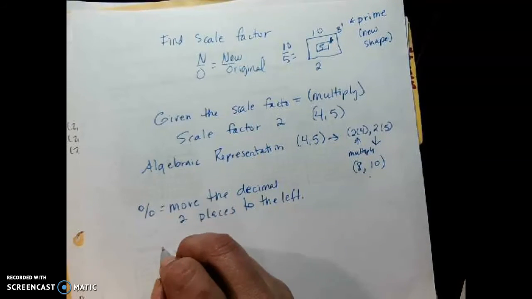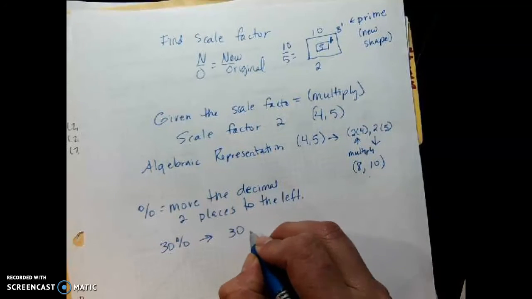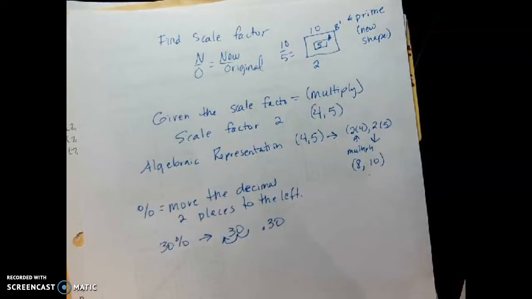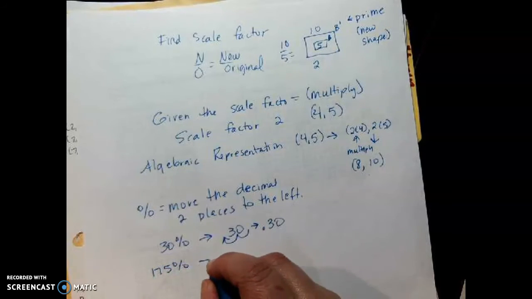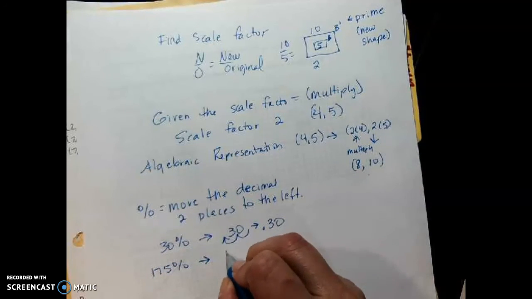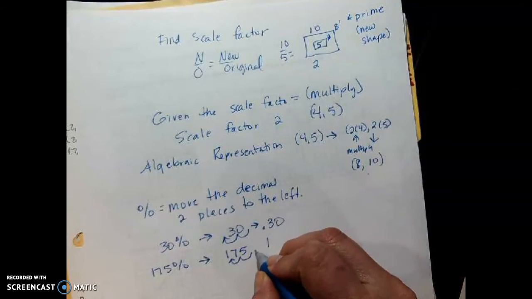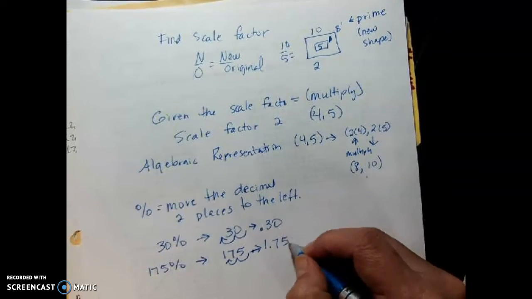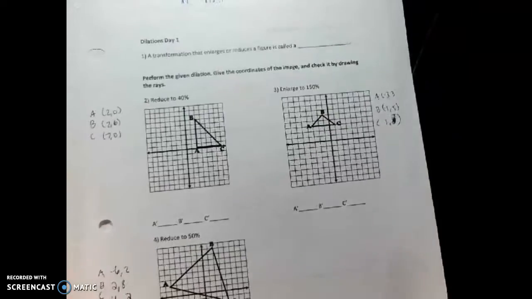For instance, 30% is 0.30. And 175% is 1.75, and that's what you'll use, the decimals, to multiply. Okay. All right. Let's move to the graph.